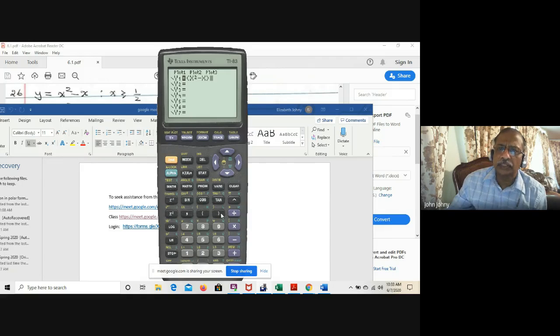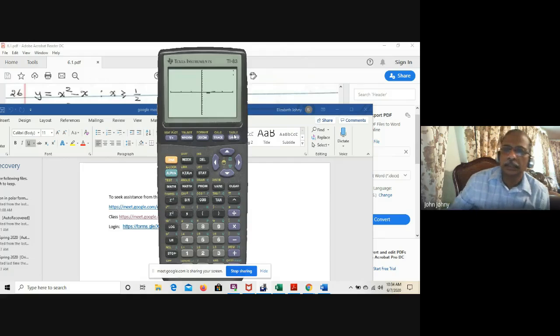close the parenthesis, open another one, x greater than or equal to, which is in second math, you have greater than or equal to is number 4, 1 half. Close the parenthesis and now graph.